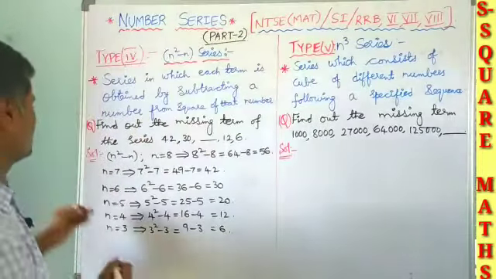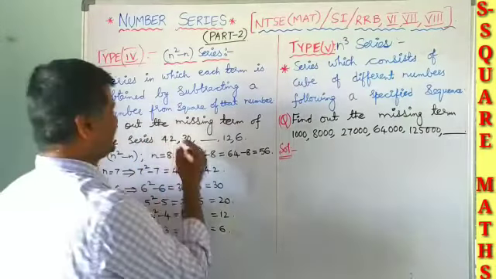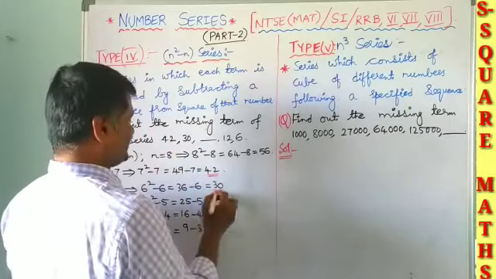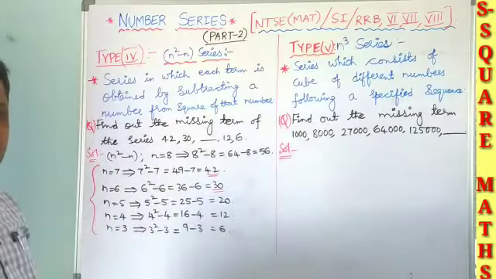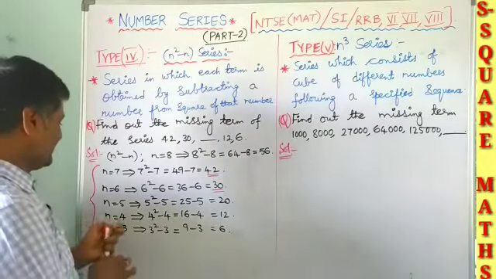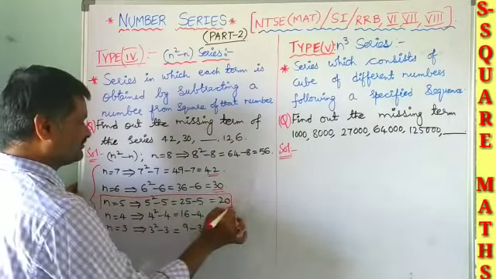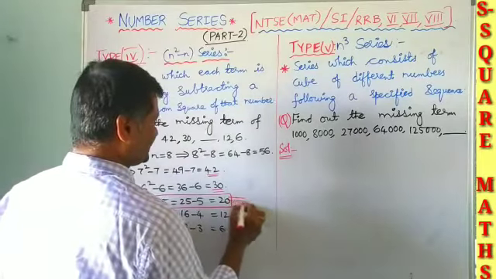right from n is equal to 7 we are getting the pattern. So we got 42 for n is equal to 7. Next for n is equal to 6 we got 30. Next our missing term, for n is equal to 5, we got 20.